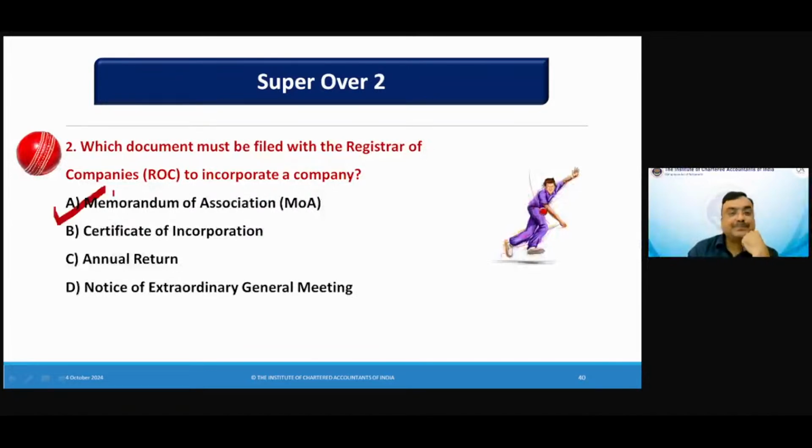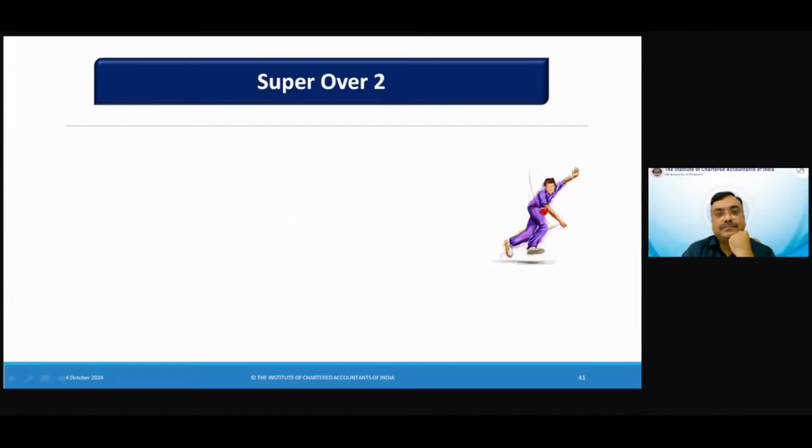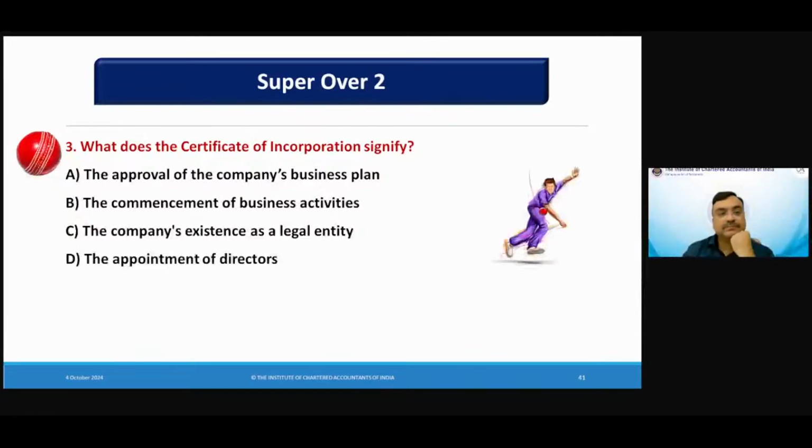MOA. It presents existence of legal entity.